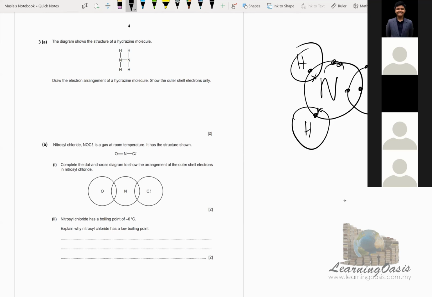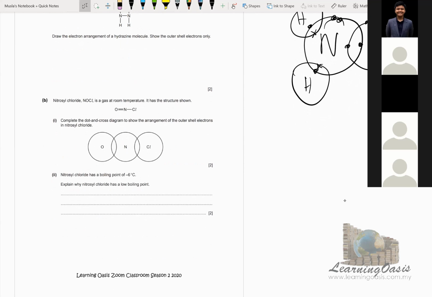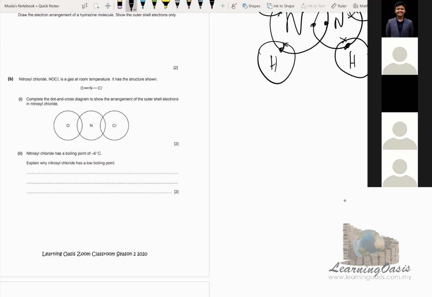Now, nitrosyl chloride is a gas at room temperature. It has a structure shown. Complete the dot and cross diagram to show the arrangement of the outer shell electrons of nitrosyl chloride. So you have nitrosyl chloride. And then what do you notice here? NO, nitrogen and oxygen has a double bond. So if it's a double bond, how many? Sharing of 2. Right. 1 here, nitrogen has how many? 5.